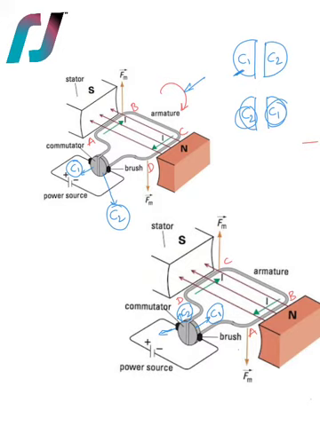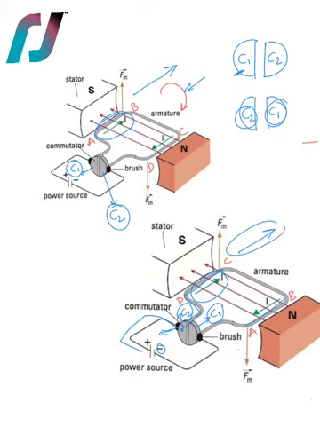So now the current flows from positive, goes to the commutator C2, flows through the conductor DC and through BA, goes to the brush B2 and comes to the negative terminal. Now you can see that the current direction on the left side of the conductor has not changed.